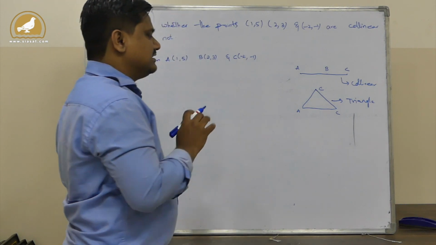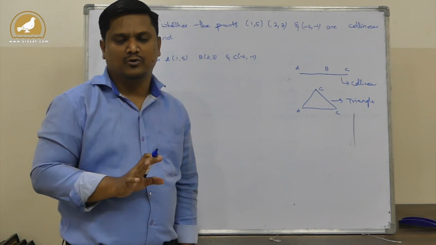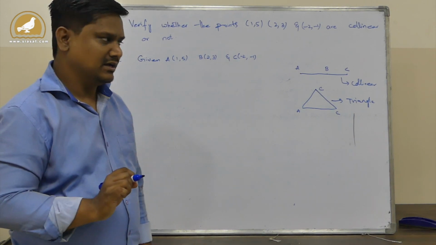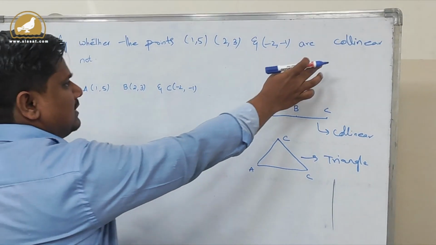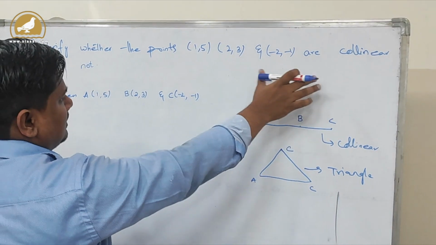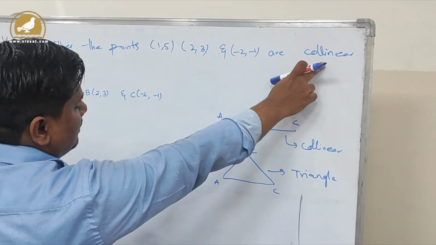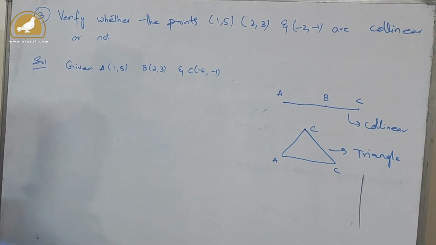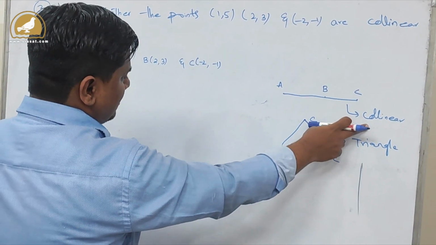So the conclusion is, if we join any 3 points, we will get either a line or a triangle. It is asking whether these 3 points form a collinear or a triangle.